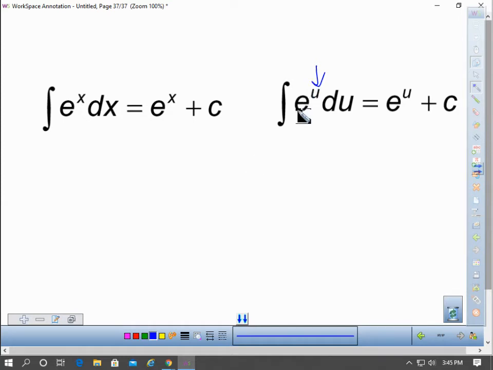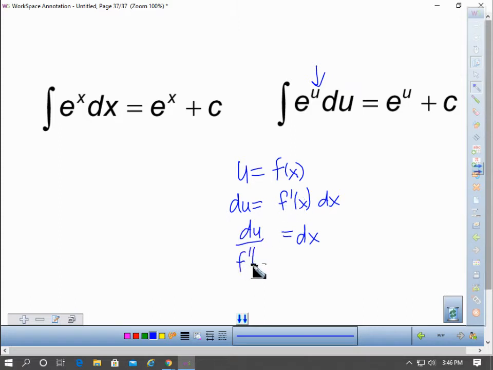We are going to let u be the exponent, so u equals whatever that function is. Then we do du, which will be the derivative, and then dx, and you solve for dx. So it'll be du divided by whatever that derivative is, and then you do a trade out.